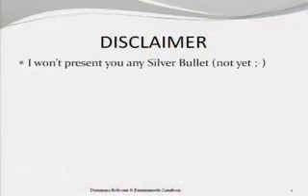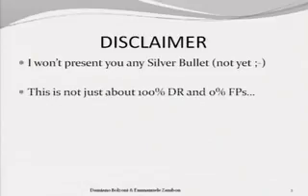So, first one. What you're going to see is not the so-called silver bullet. This system is not 101% perfect. There are things that it is not able to do, and you must expect this, because intrusion detection systems sometimes fail. But this doesn't mean that there is nothing to see today.